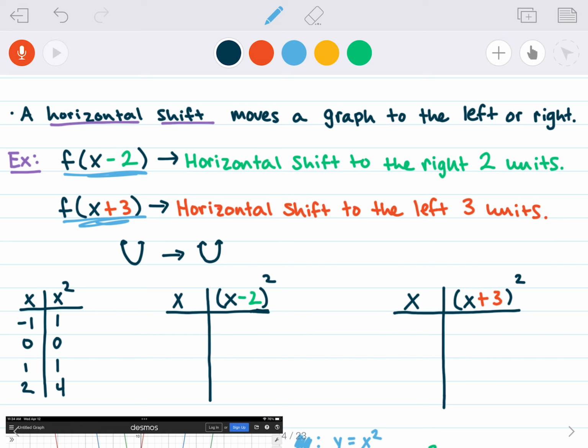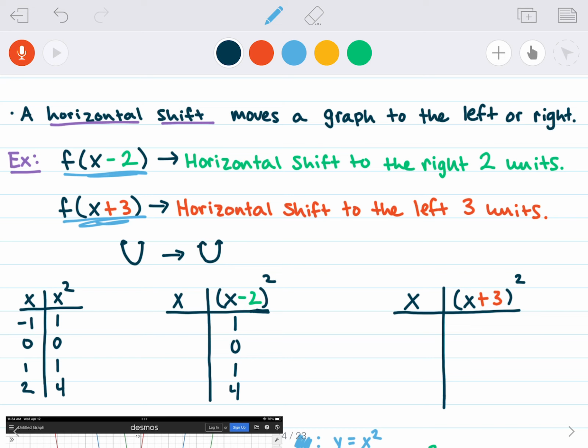If we literally pick it up and move it to the right, are the output values going to be any different? Well, no, the heights aren't going to change. We're just pushing it over to the right, so there's no change in the y values. Since the shift isn't affecting y, those y values are going to carry over. This is only affecting the inputs.